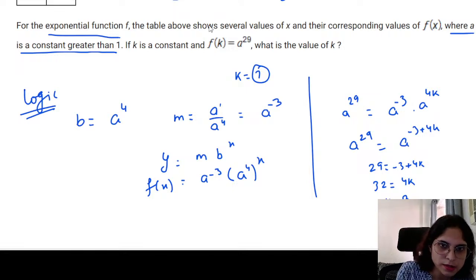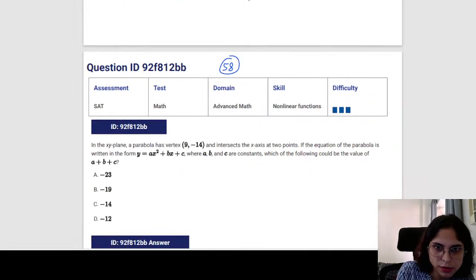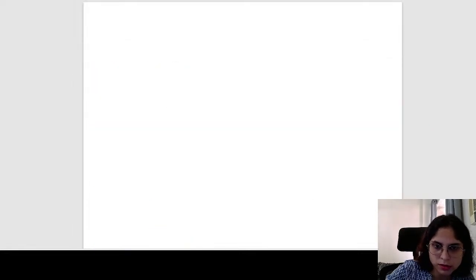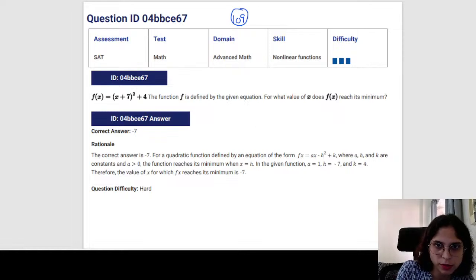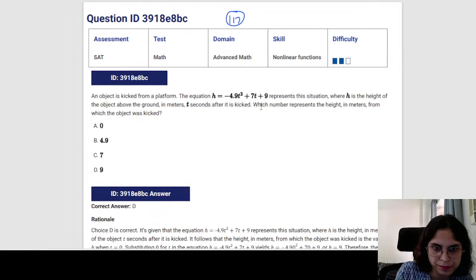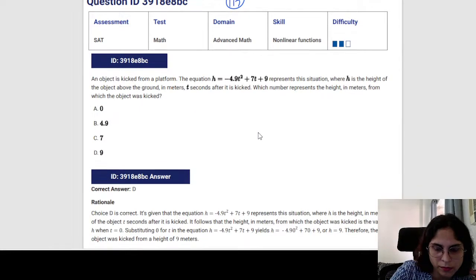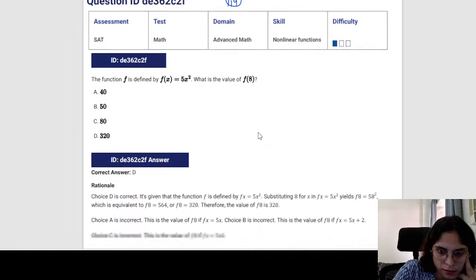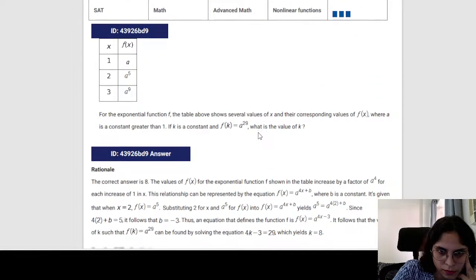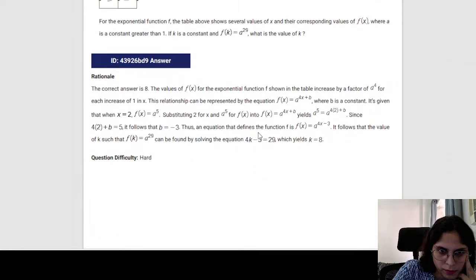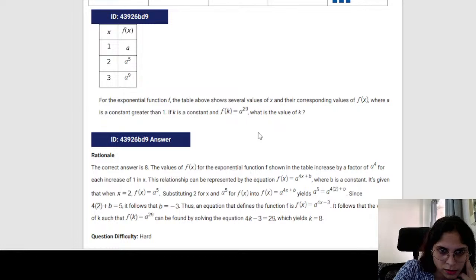Let me check what is the answer for this one, 121. So it should be somewhere here. No, no. The answer is 8.